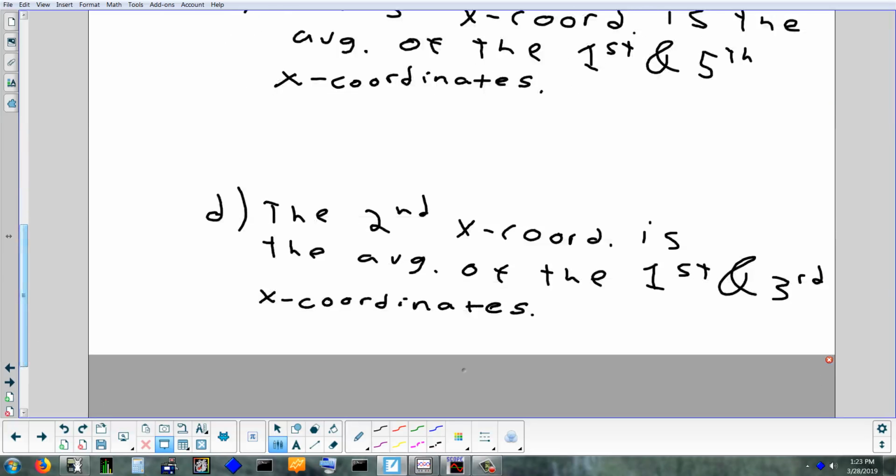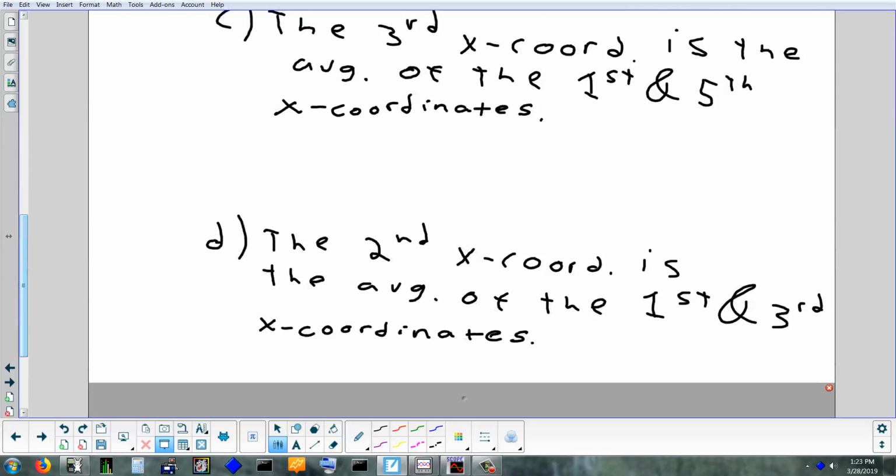So the second x-coordinate is the average of the first and the third. Okay, and the last coordinate we need to find is the fourth. I'll just draw it again. How do you think you would get the fourth coordinate so that it's exactly in the middle of everything else you already have?